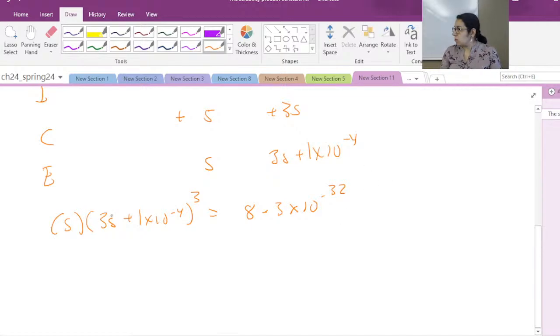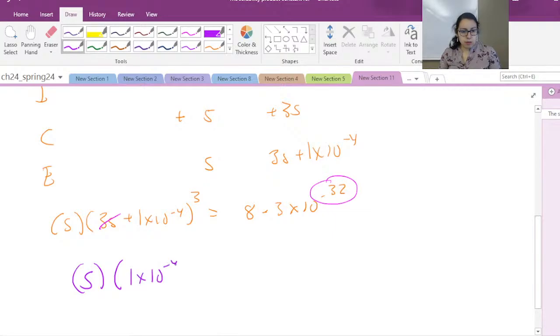So we can get rid of the 3S factor in the plus, since it's going to be dominated by the hydroxide anyway, with that very small number. And so now we're left with S times 1 times 10 to the -4 cubed equal to our expression.